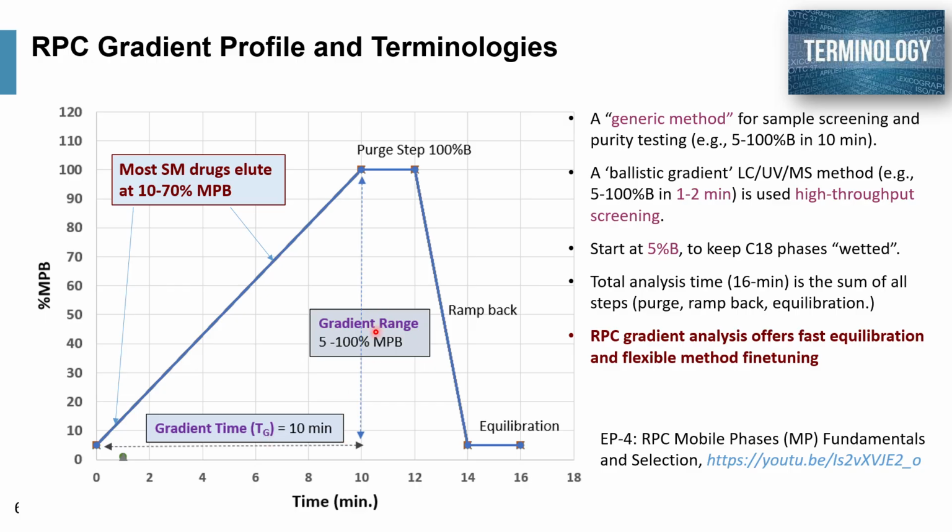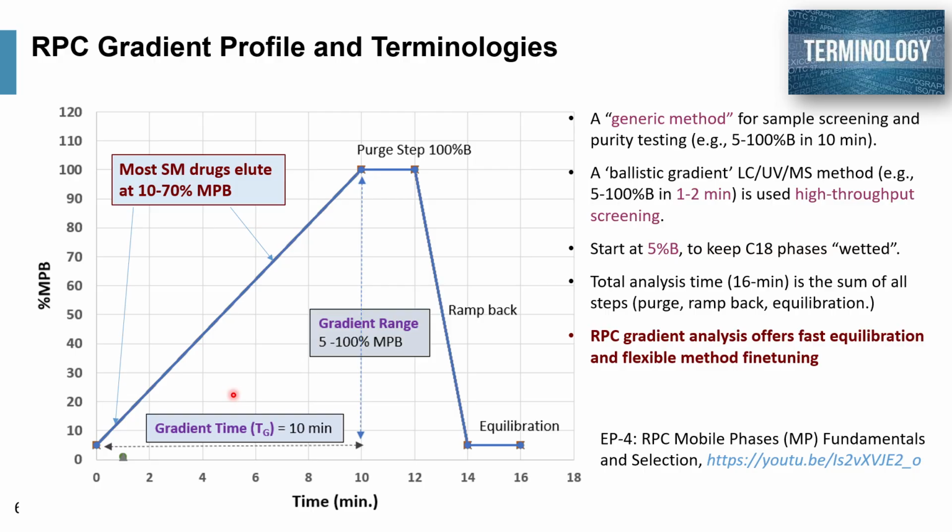The gradient range is 5 to 100% mobile phase B. As indicated, most small molecule drugs will elute from 10% to 60 to 70% mobile phase B due to the drug-like property of slightly to moderately hydrophobic molecules.